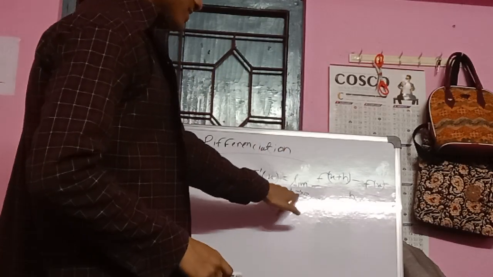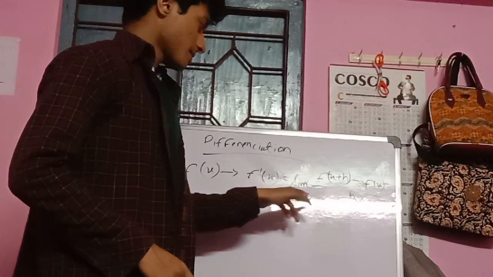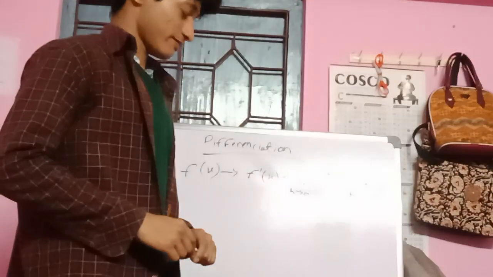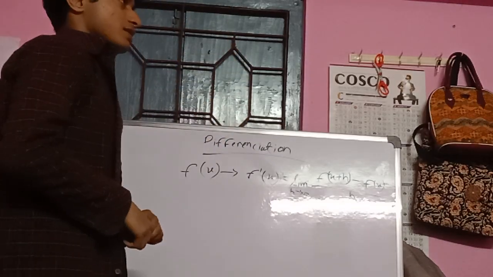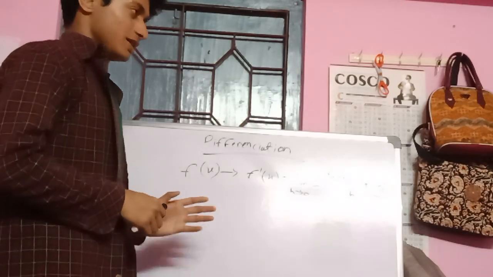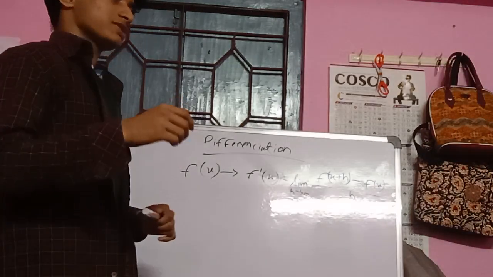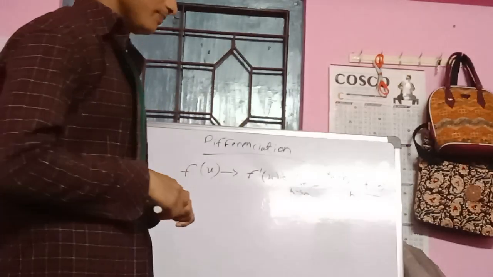And what does this limit say? It's saying that the value of h here is very small. It's very close to 0, but it's not exactly 0. It can be slightly larger than 0, it can be slightly smaller than 0. Like it can be 10 to the power minus 20, or it can be minus 10 to the power minus 20.